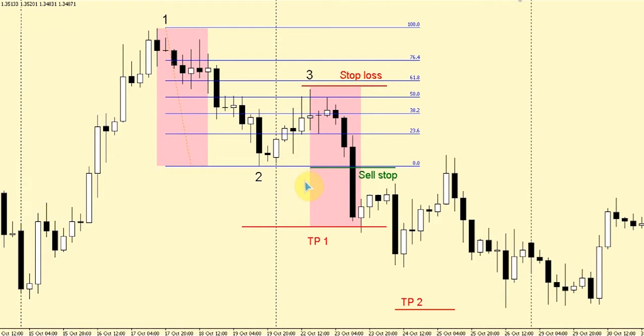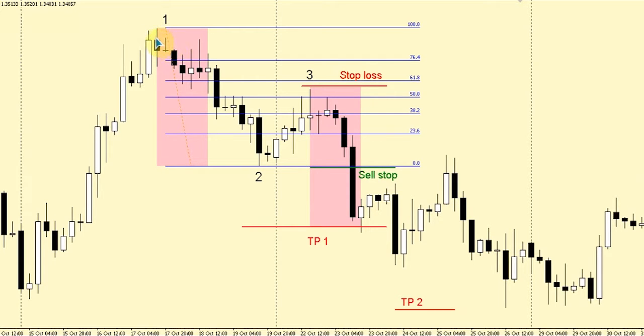Take an example for making a deal to sell. We have some kind of upward movement that forms a peak, after which we notice a rollback from this peak. This is point 1.